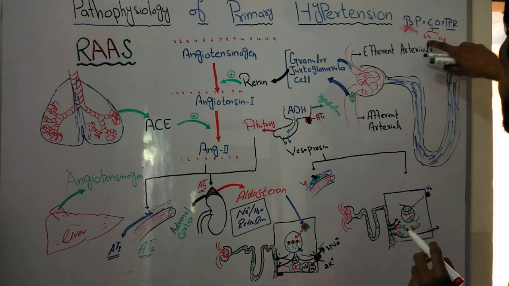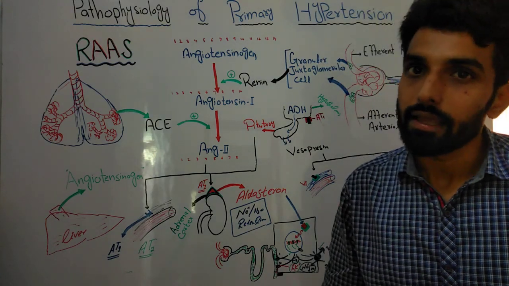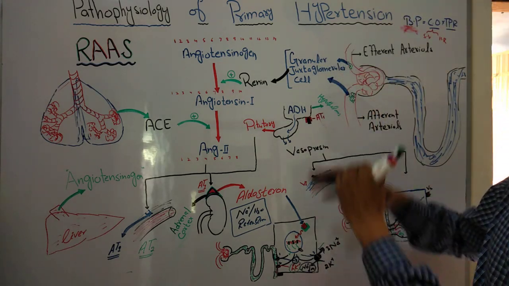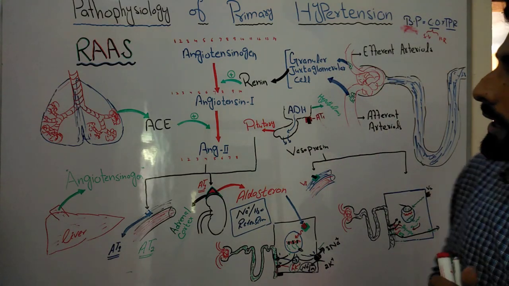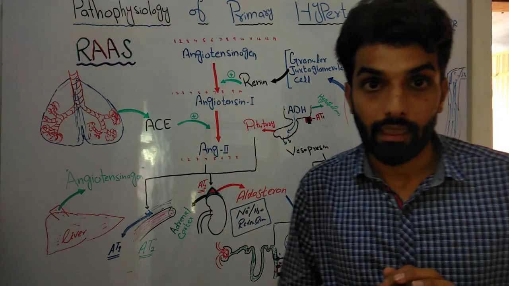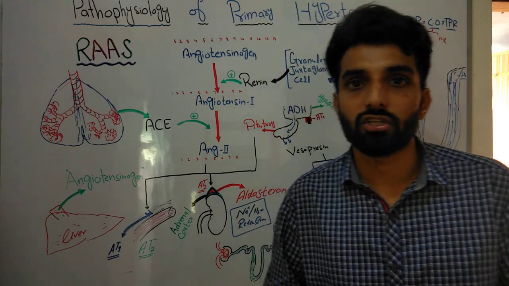And when the stroke volume increases, ultimately cardiac output will increase and blood pressure will increase. So this is the reason activation of renin angiotensin 2 increases the blood pressure by lots of mechanisms. Overactivation of the RAAS system can lead to hypertension.